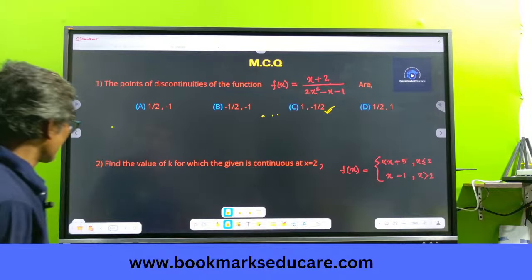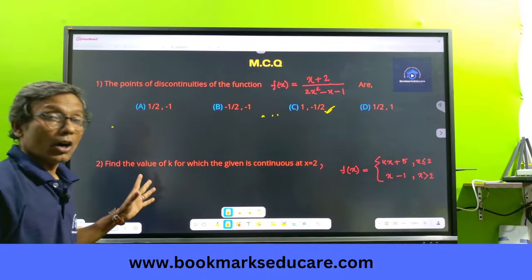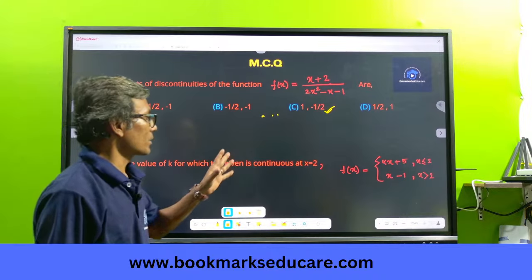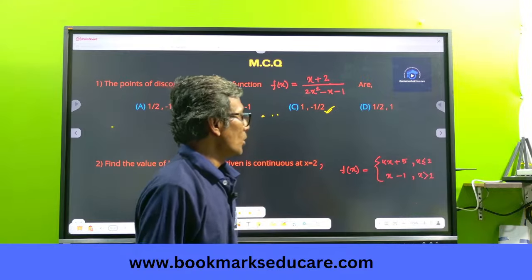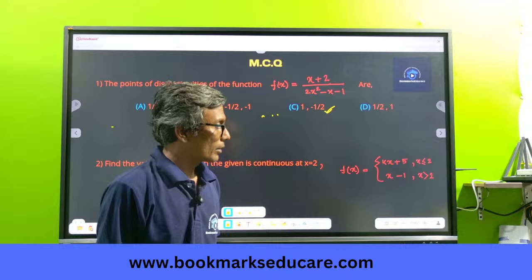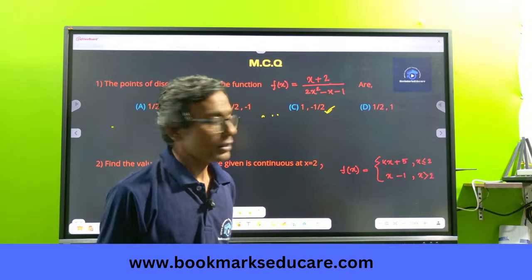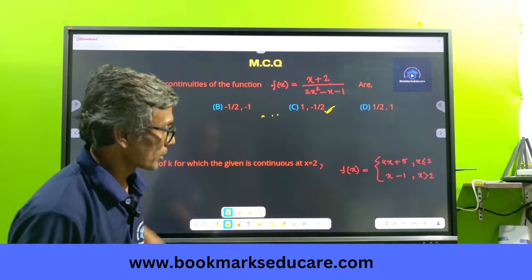Now for this question, we have to find the value of k for which the given function is continuous at x is equal to 2.